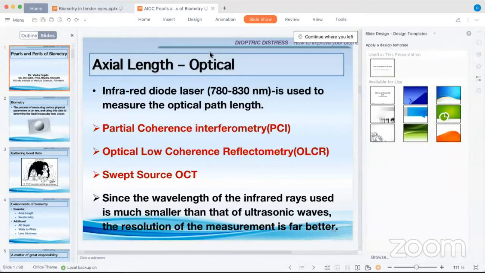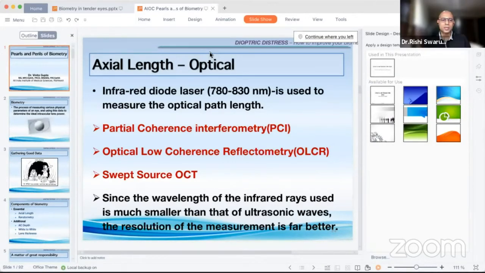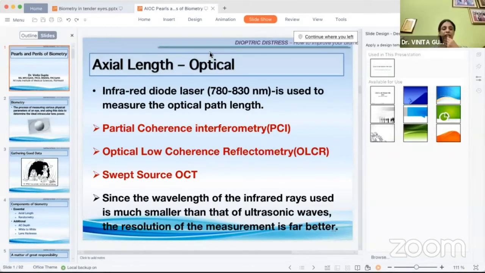Go to slide share first and then change the slide. No, you have not gone to the slide share. I've gone to the slide share. The slide show is not started. No, I'm on the slideshow only. Otherwise, I'll go without the slide share then. It's not working.